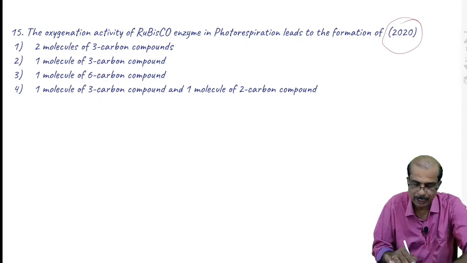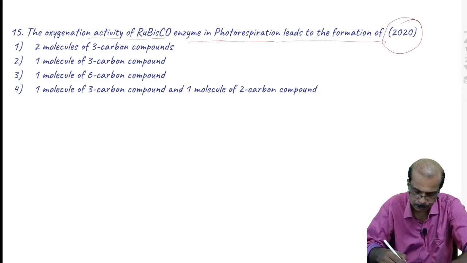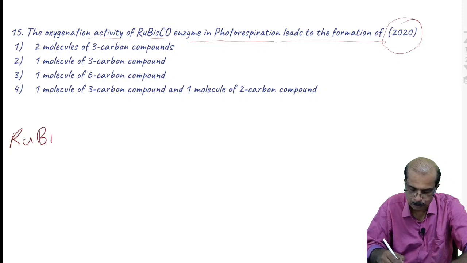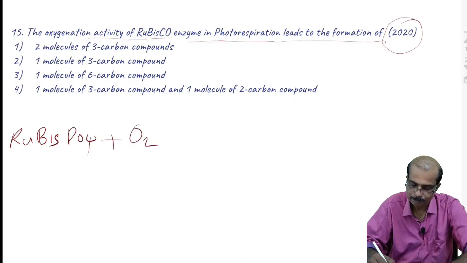The oxygenation activity of Rubisco enzyme in photorespiration leads to the formation of what? The substrate is ribulose bisphosphate. Ribulose bisphosphate combines with oxygen.